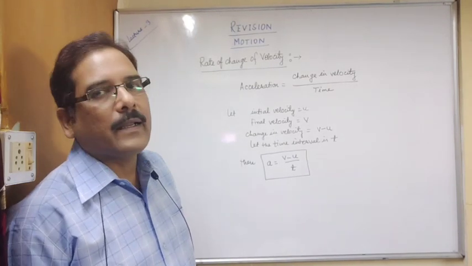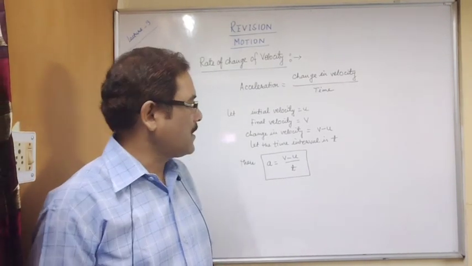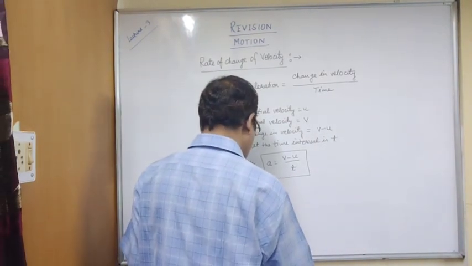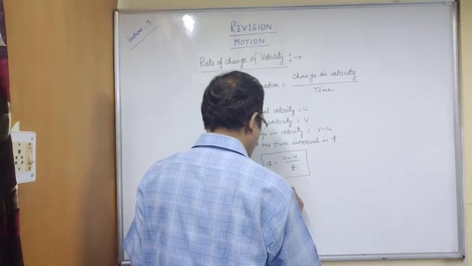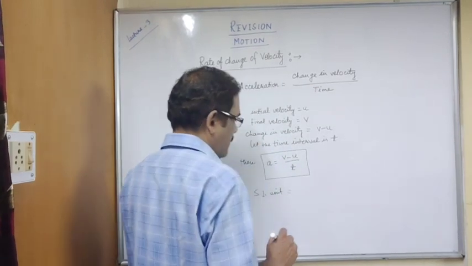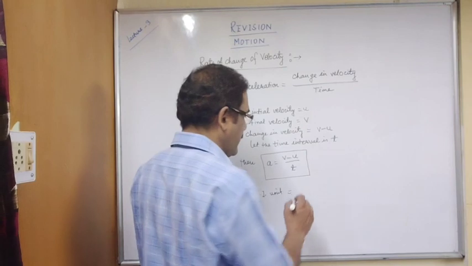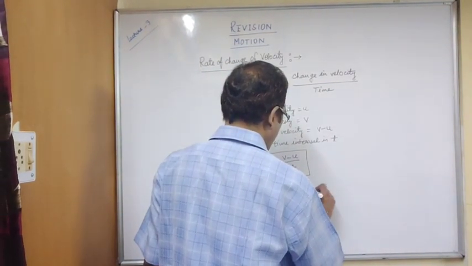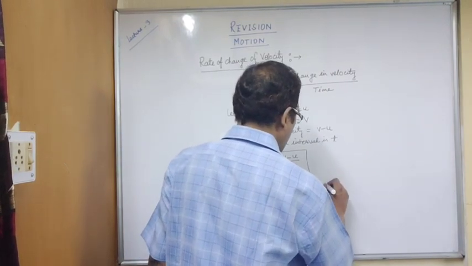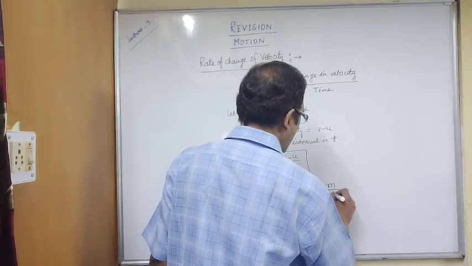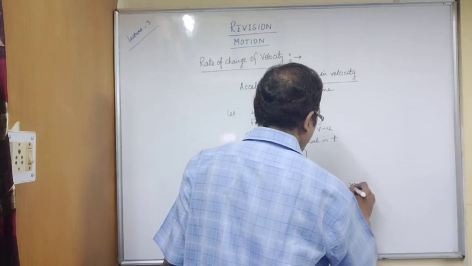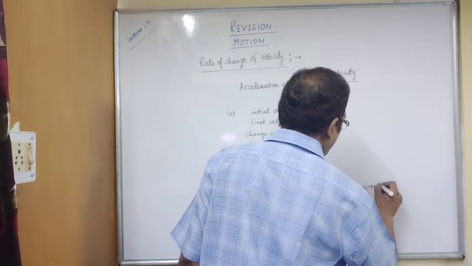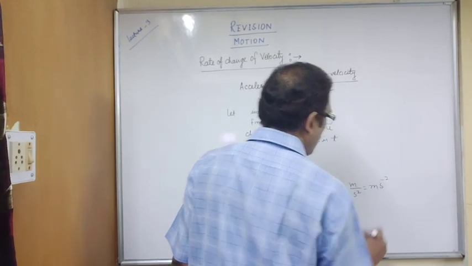So we can say that acceleration is equal to change in velocity by time, and hence its SI unit. As you know, for velocity the unit is meter per second, and for time it is second. So it will be meter by second into second, so meter per second square, which can be written as m s to the power minus 2.